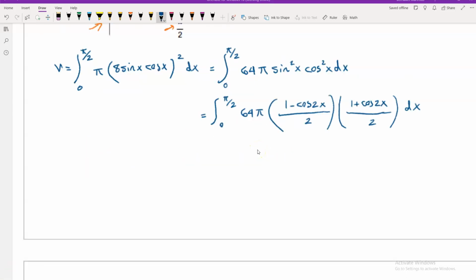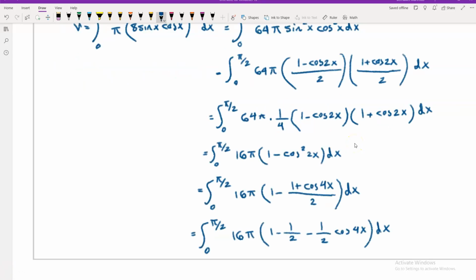Now here, instead of sine squared, I use (1 minus cosine 2x) divided by 2, and instead of cosine squared, I use (1 plus cosine 2x) divided by 2. Now we have to simplify.